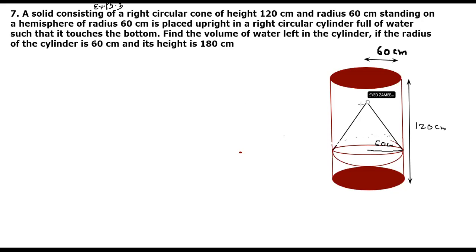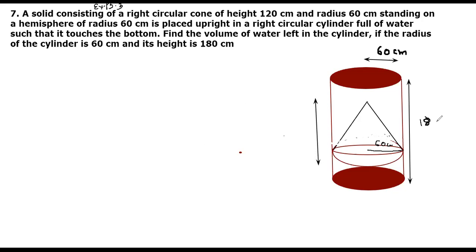Okay, this 120 centimeters is the height of this part, from here to the bottom, and outside this the outer height is more. This is not 120, this is given to us as 180 centimeters.